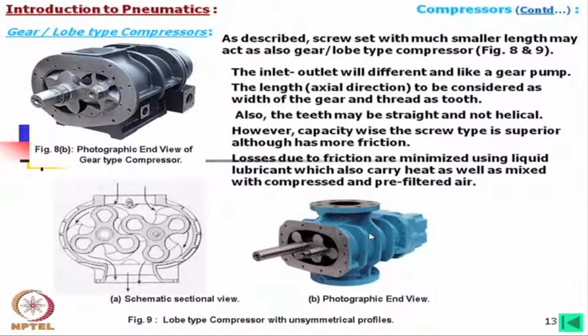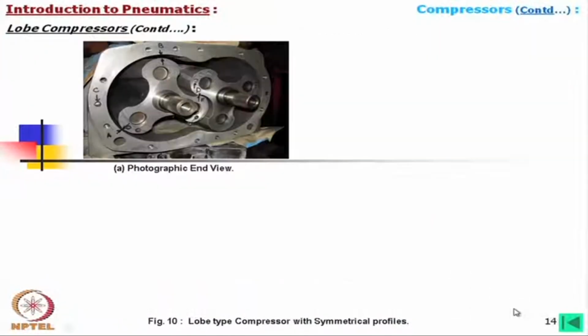So, we have to first demoisturize the air before entering into such compressor, or else the oil being mixed will not be separated. We have to use the separator or filter in such a way that the oil can be separated, because the oil mixing is being done to some extent while it is being compressed.